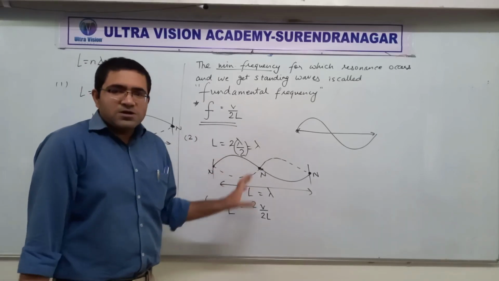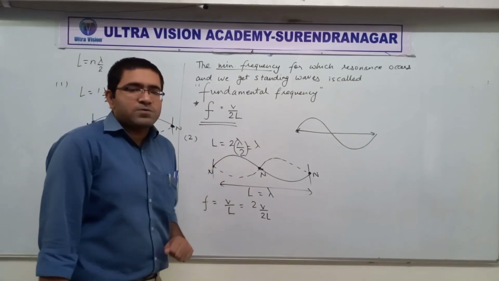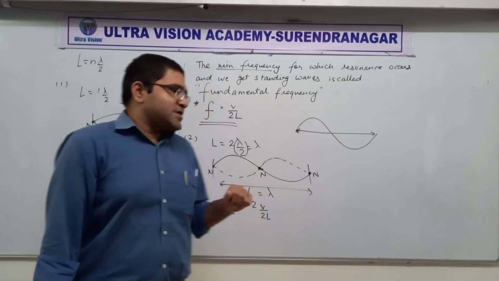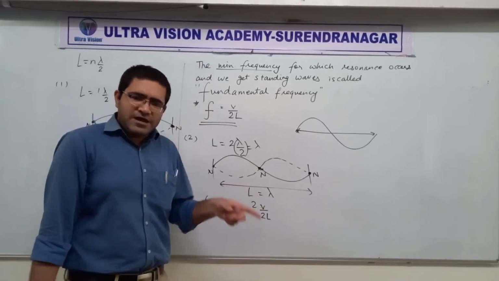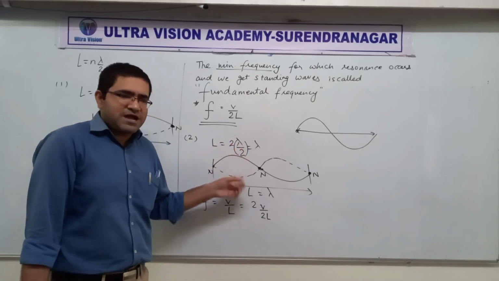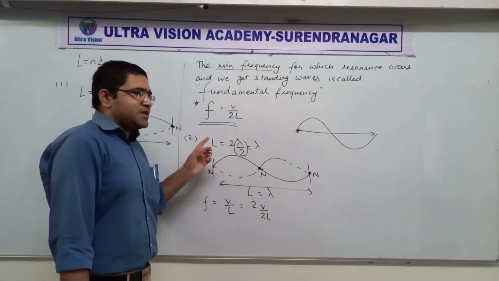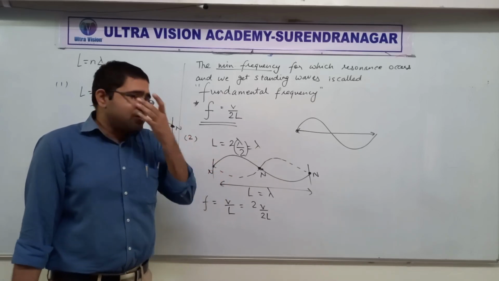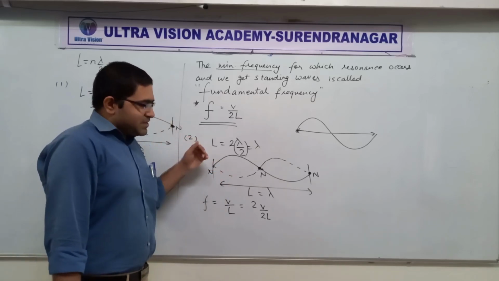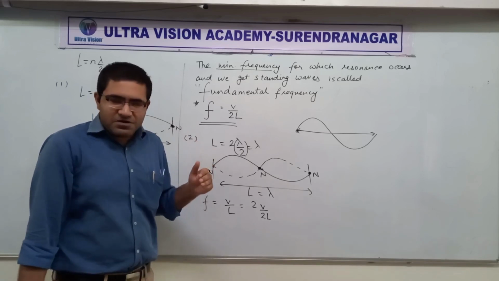This is also a resonant frequency. What I mean to say is, if you are trying to vibrate the string at this frequency, then also standing waves will be there on this string. But here the situation is slightly different.